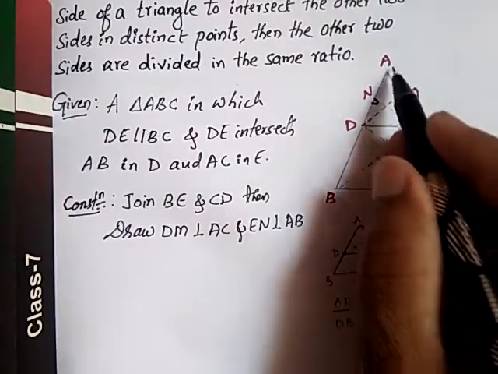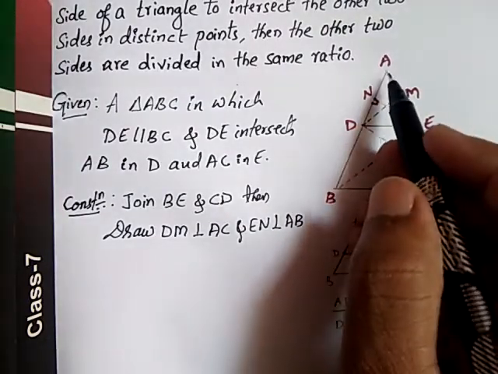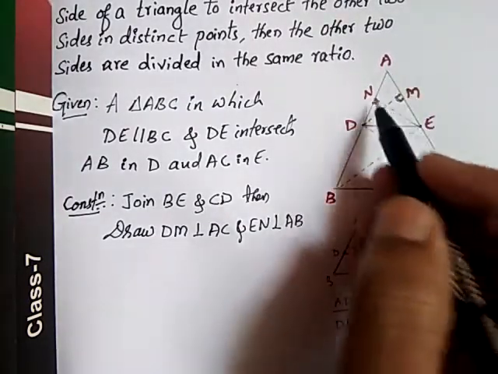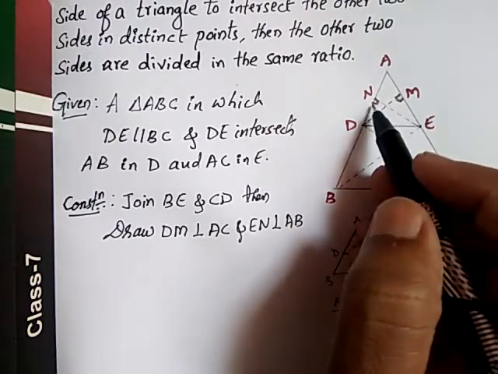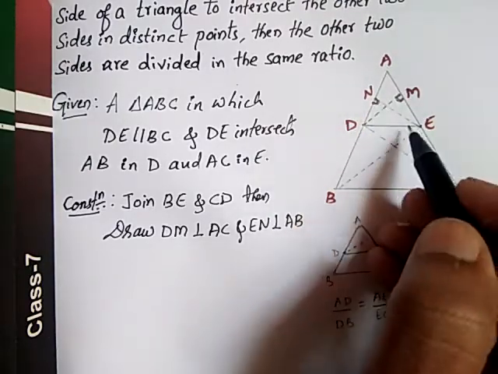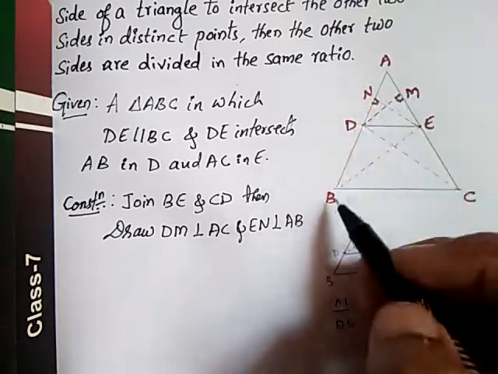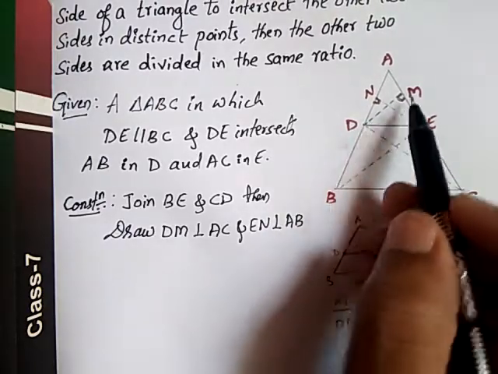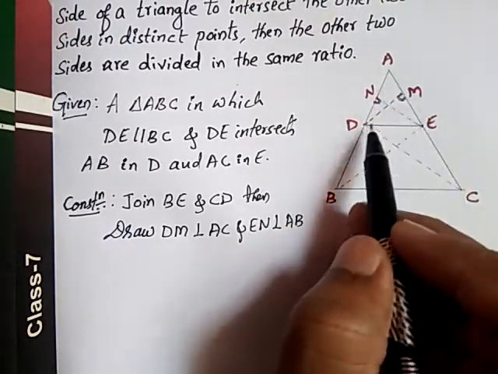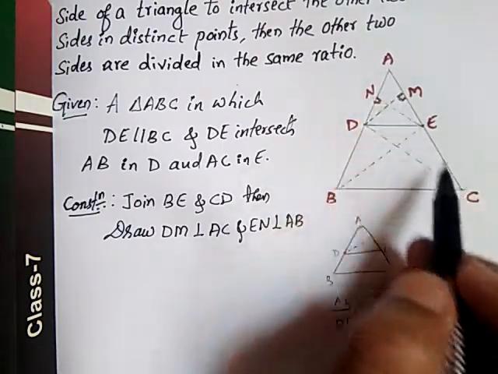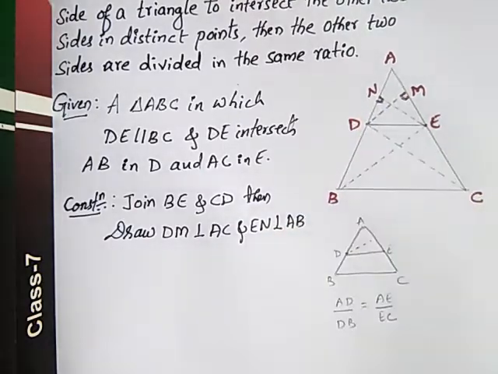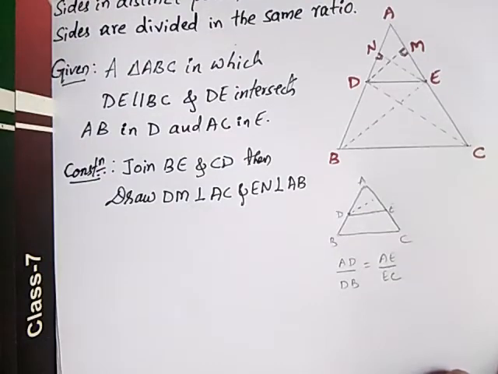This one, DM is perpendicular to AC and EN is perpendicular to AB. EN perpendicular to AB means it is the height for the whole side A to B. And DM perpendicular to AC means this DM is the perpendicular for the whole length from A to C. So this is the way.